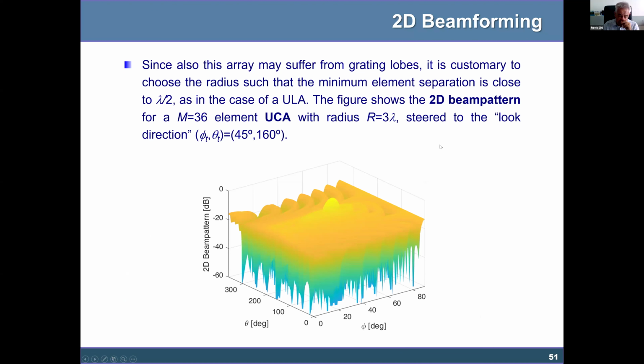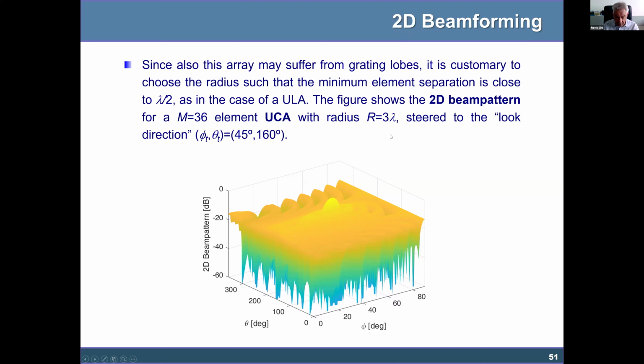For example, if you have a target with elevation 45 degrees and azimuth 160 degrees, and the array is a uniform circular array with 36 elements, the distance between two of them obviously should be lower than lambda divided by 2 in order to avoid grating lobes. The radius of the circle has been taken equal to 3 lambda.